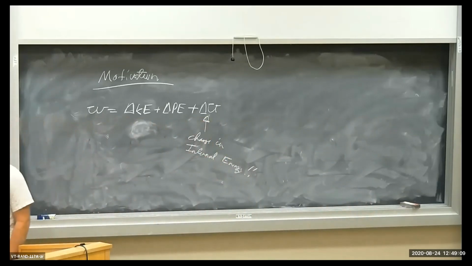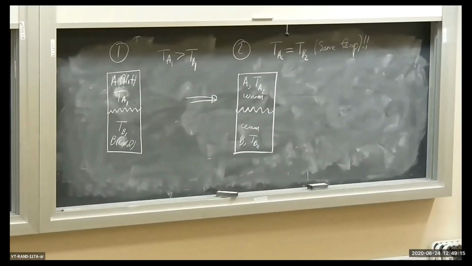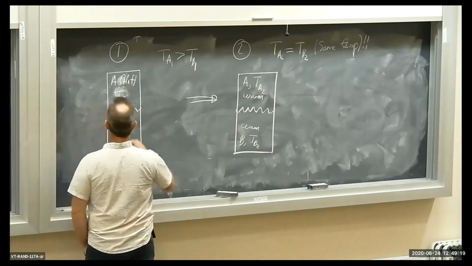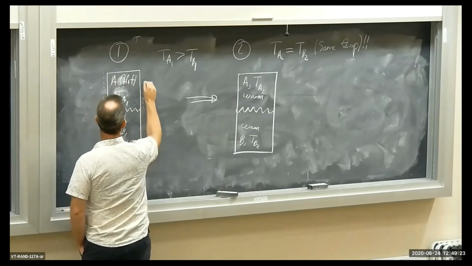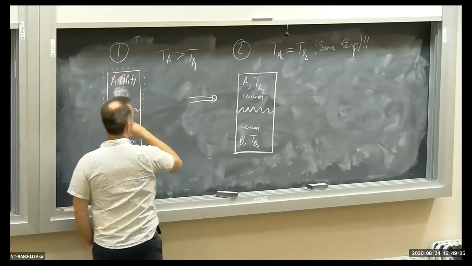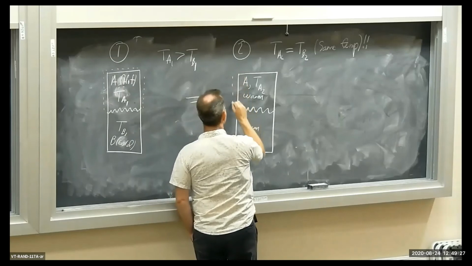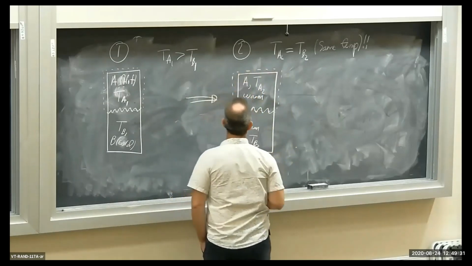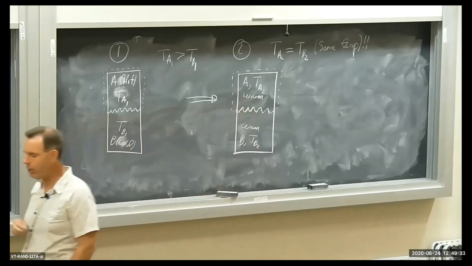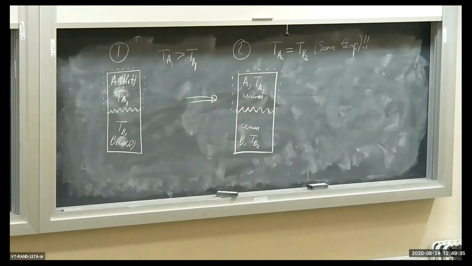Let's apply this equation to one of our blocks. Let's make A our system. I could do it with B, but I'm going to do it with A. The result's going to be the same.